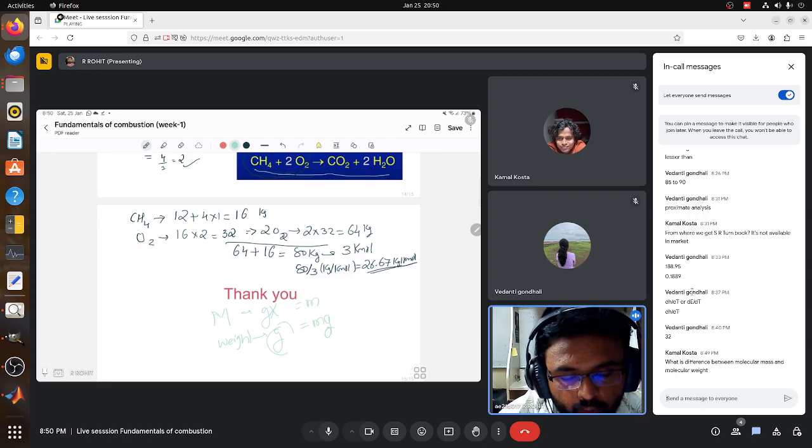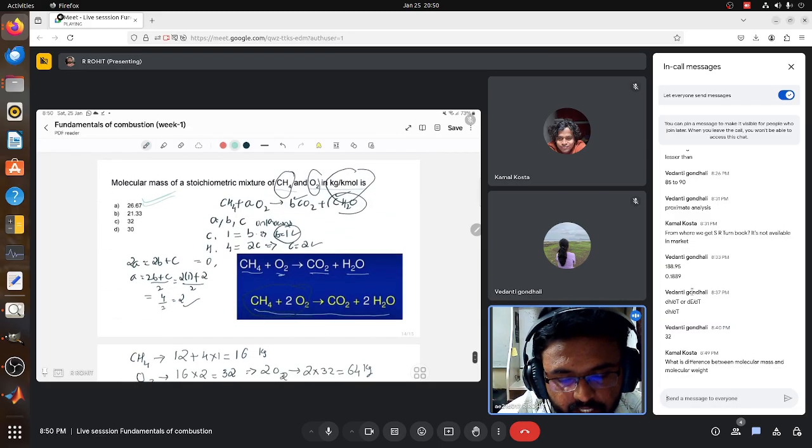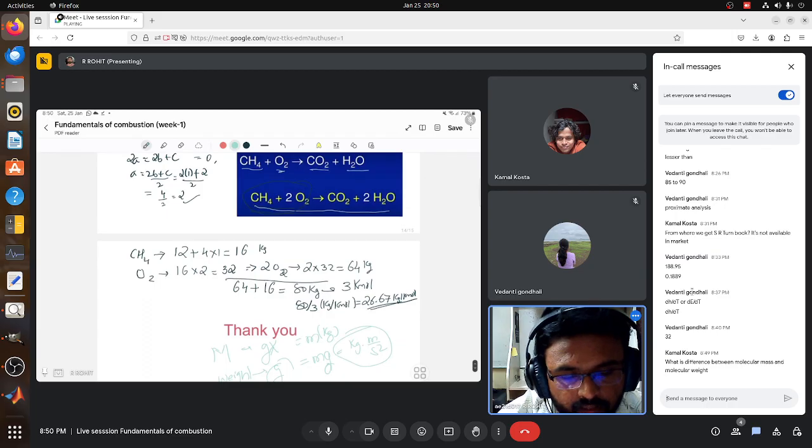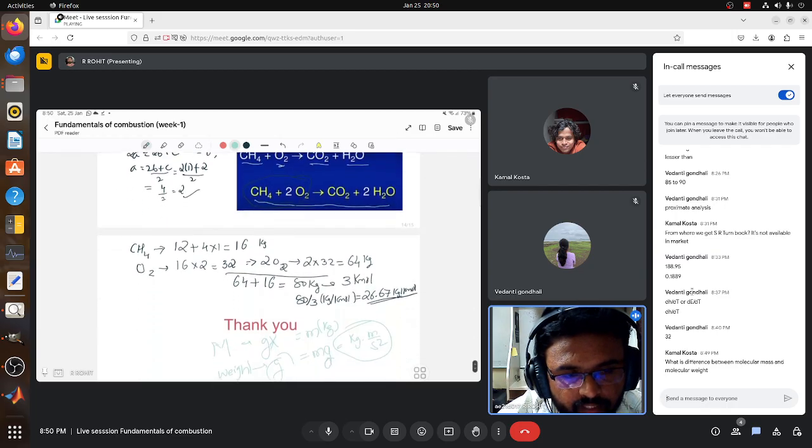So when you are saying molecular mass, it is in kilograms, whereas weight is in kilogram meter per second square. So there is a difference here. When you are asked for molecular mass, you should say it in kilograms. And since here they have asked kilogram per kilogram, we change it.